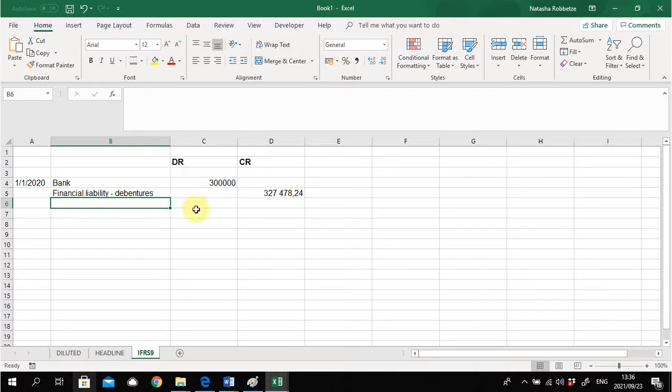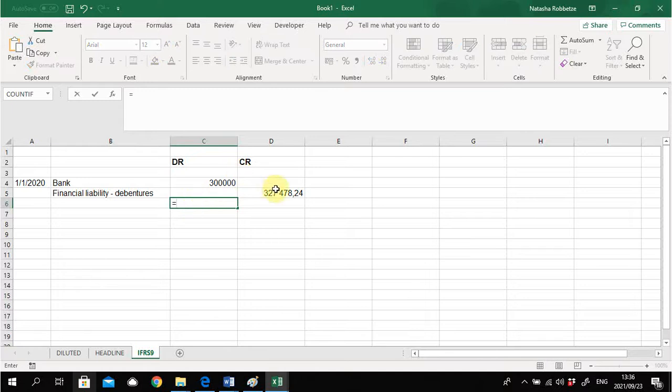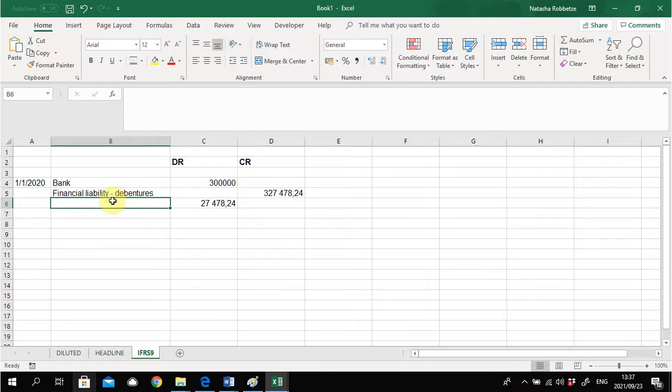As you can observe, the item here does not balance, so we need a balancing figure here on the debit side, and the difference will be taken to what we call the equity option reserve. The equity option reserve will then be debited by the item, because we have a situation where this is a compound instrument.